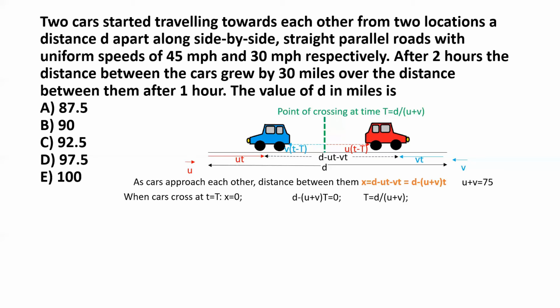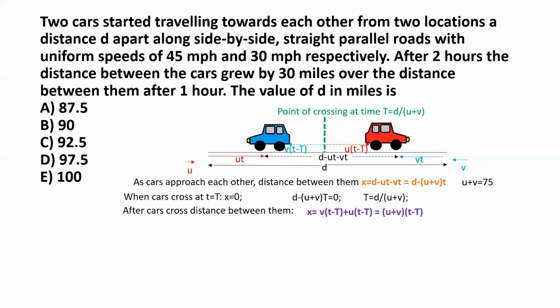And so the separation between them would be x equal to v multiplied by (t minus T) plus u multiplied by (t minus T). This is also very apparent from the figure itself. This can be written as: you take t minus T as common, and you're left with (u plus v) multiplied by (t minus T).